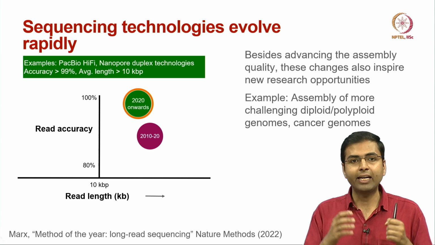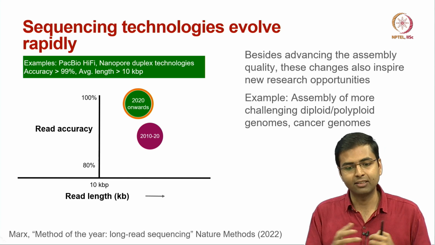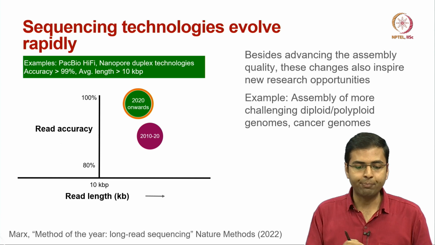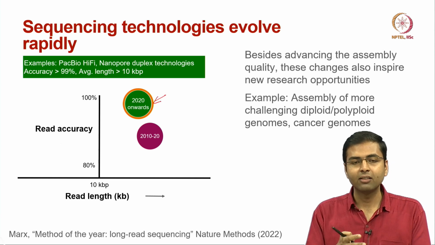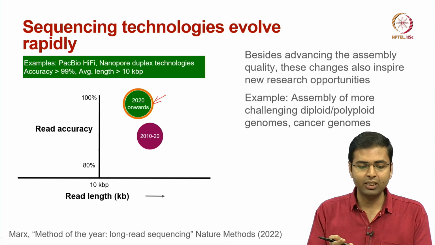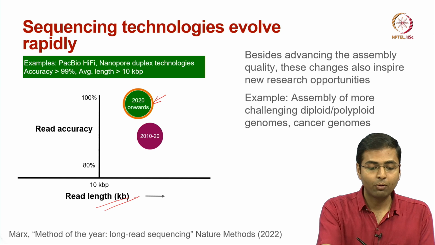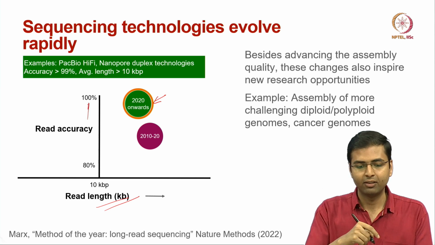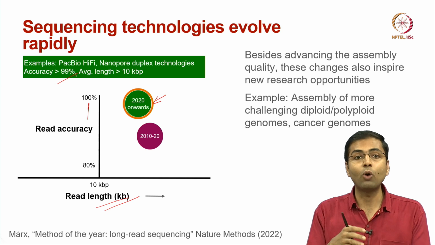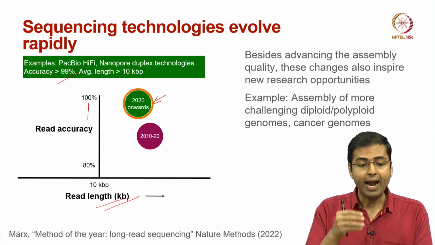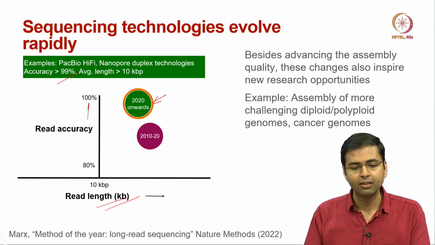Now as these sequencing technologies continue to evolve rapidly, they also inspire new research opportunities. As an example, from 2020 onwards, we saw new advancements in technologies which allowed us to sequence long reads at much better accuracy than before. Looking at two examples, you can see that the accuracy of reads improved to above 99%, and the average length exceeded 10 kilobase pairs.